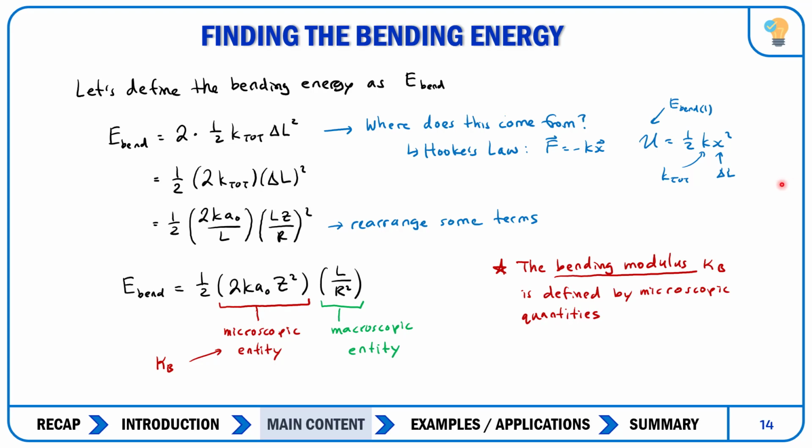So we defined bending energy as two different terms. There was a term that represented a microscopic entity, things that were specific to the DNA segment itself, and then there were macroscopic entities for the entire strand of DNA. We also introduced the bending modulus kappa B, which is defined by these terms over here, the microscopic entities.